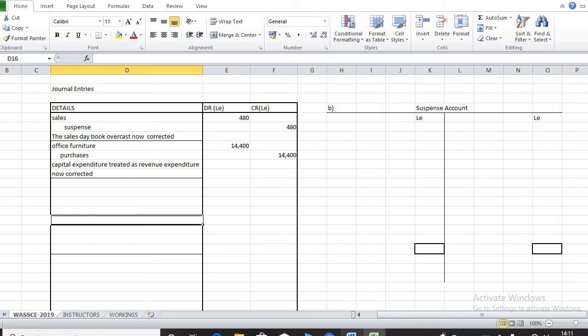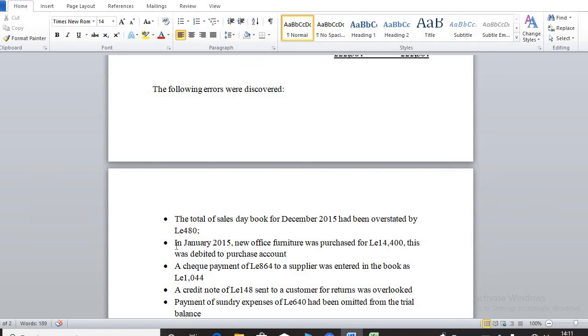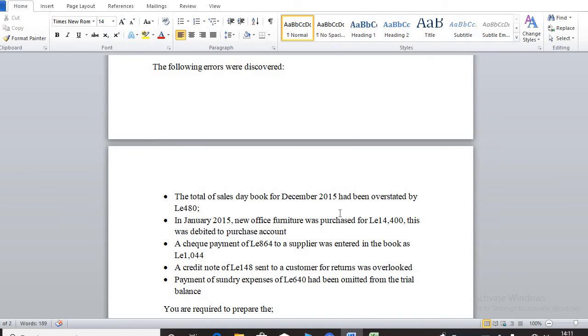So once again, when the question is given, first you have to read and identify the accounts being affected by the error. Then you have to use the double entry rules in rectifying that. Here we got to know that an asset being bought was treated as normal purchases.